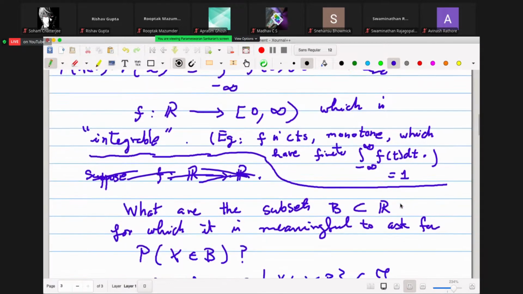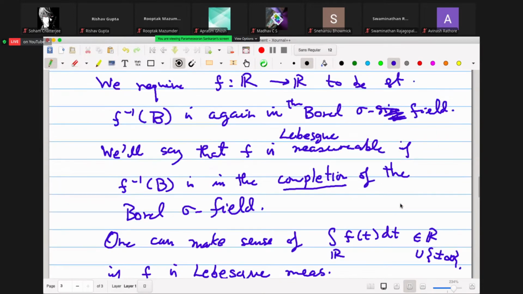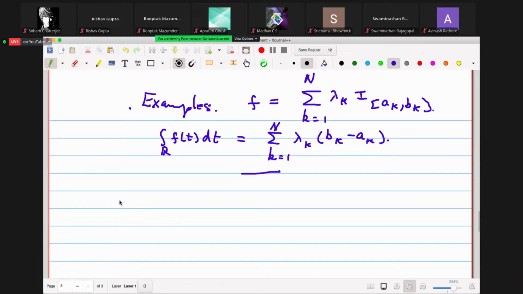One last thing, in case somebody is curious and wants to learn more about these things ahead of time: the notation for integrable functions is L1 of R. Of course we are looking at a very special type of L1 functions.